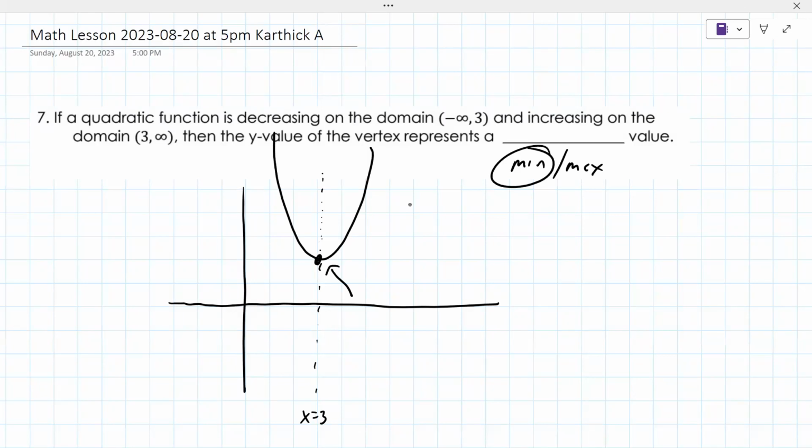Okay. So the fact that it's decreasing and then increasing is important here. If it were flipped, like the graph could look like that, and then it would be the other.